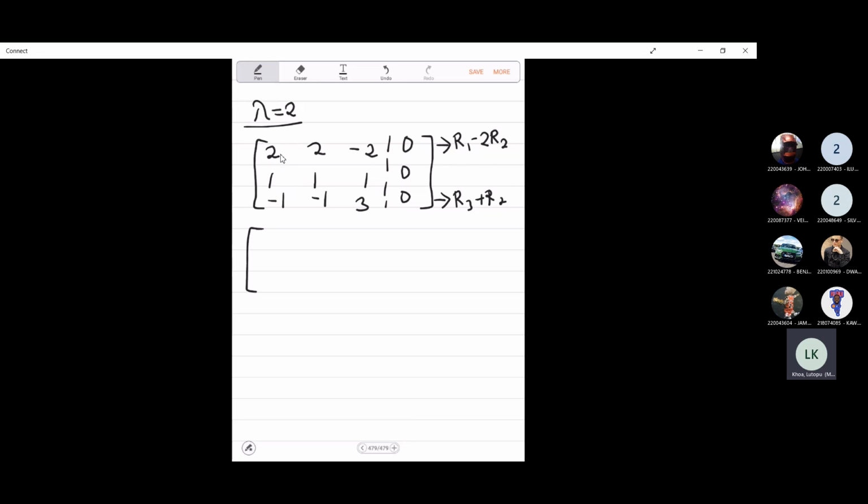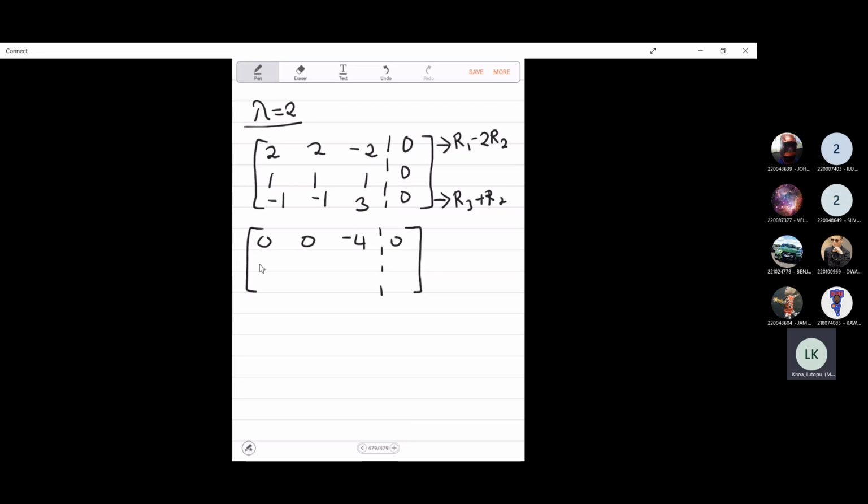So it'll be 2 minus 2, which is 1, and then 2 minus 2 is 0. 2 minus 2 is 0. Minus 2 minus 2 is minus 4. Then 0 minus 0 is 0.